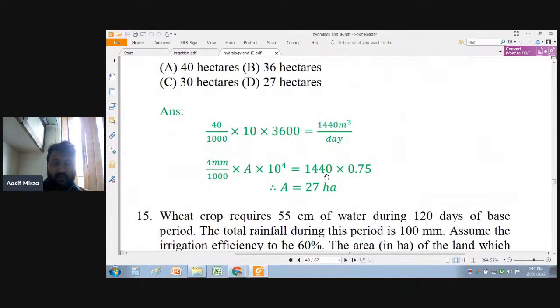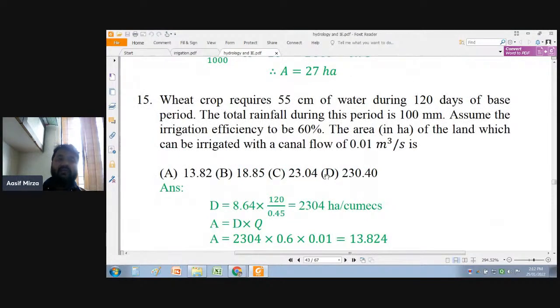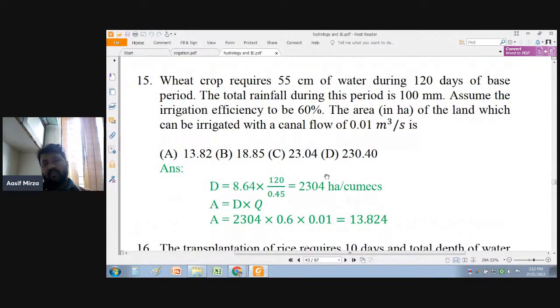Now we have questions on duty and delta. Wheat crops require 55 centimeter of water during 120 days of base period. The total rainfall during the period is 100 mm. Assume the irrigation efficiency to be 60%.